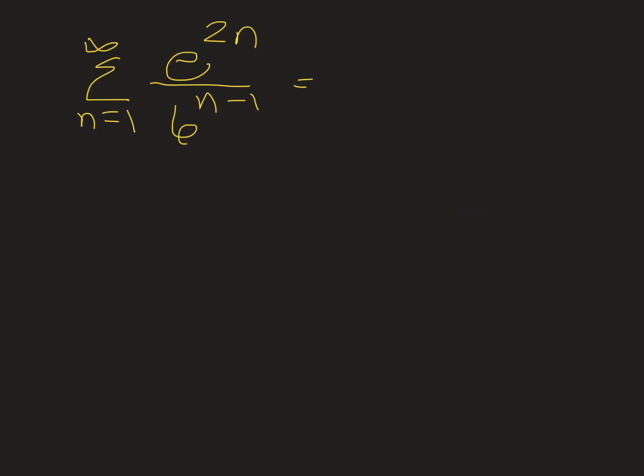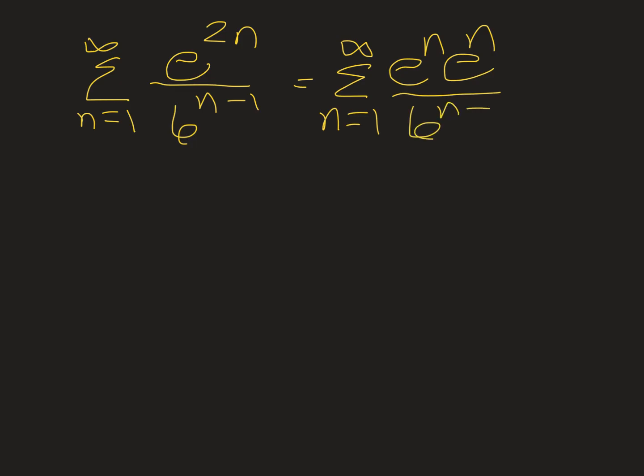So here I have this, and I want to write this in some way so that the exponents are the same. This is going to take me a little work, but this is where your algebra helps you. e to the 2n is e to the n plus n, which is e to the n times e to the n, over 6 to the n minus 1.